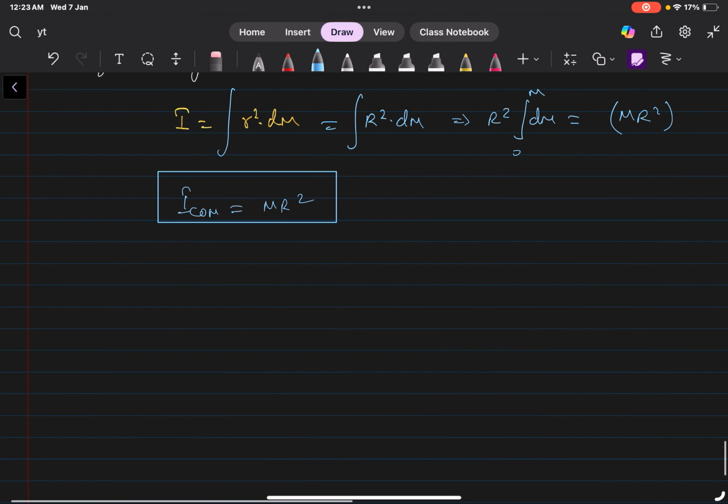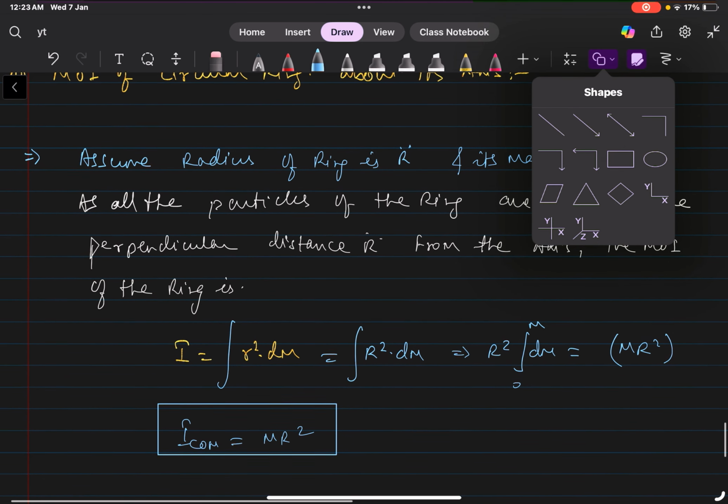Okay. And how does the ring look and what is the ring? We are discussing the diagram also.